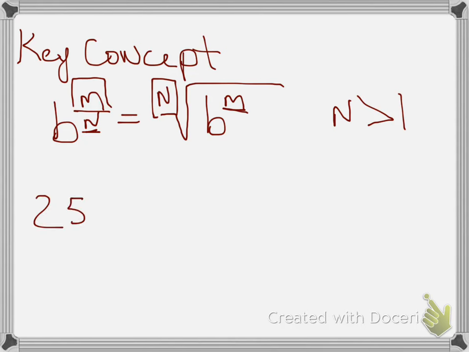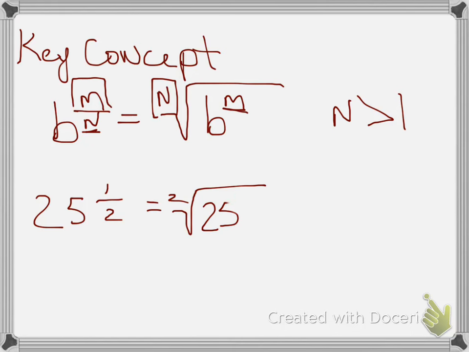So for example, here's a very simple example: 25 to the 1/2 power. What that means is I make the little root symbol and put the 25 in there, and then technically you would be saying there's a 2 there and a 1 there. That would be square root, but that's the most common one.